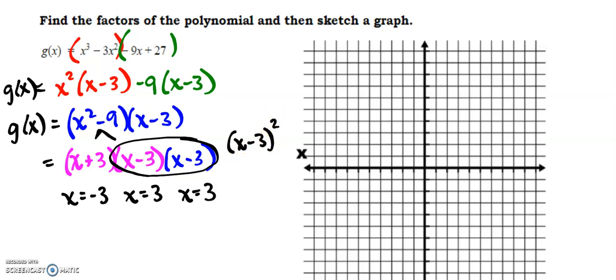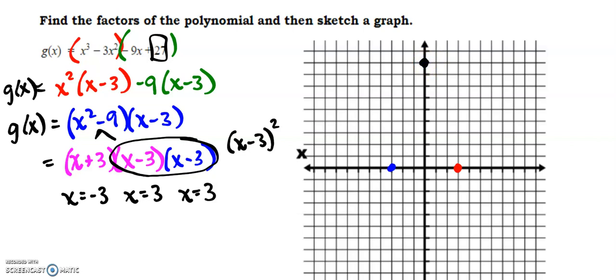So when x is equal to 3, 1, 2, 3, I'm supposed to bounce there. Then I also have x equals -3. I'm supposed to cross through there. Remember, the other good piece of information you can find is that y-intercept. 3, 6, 9, 12, 15, 18, 21, 24, 27.